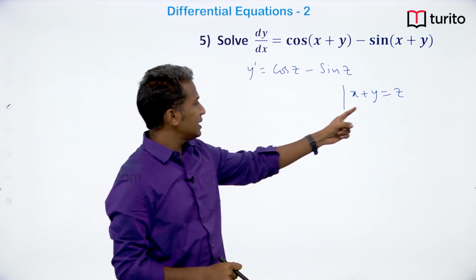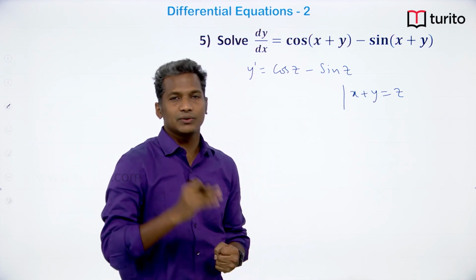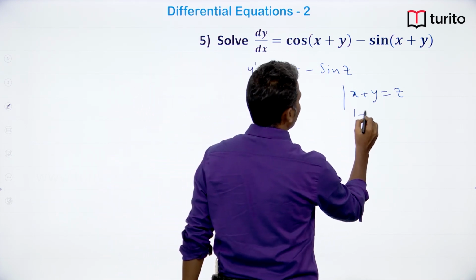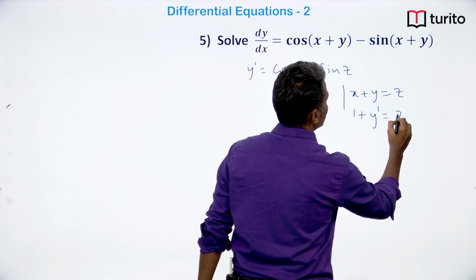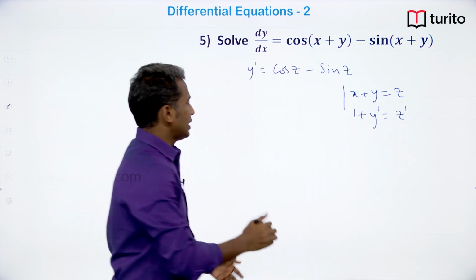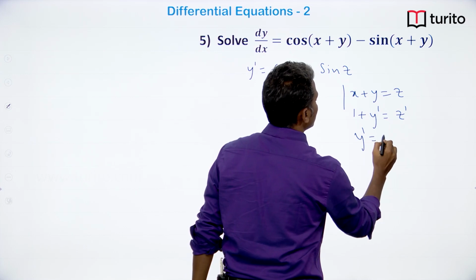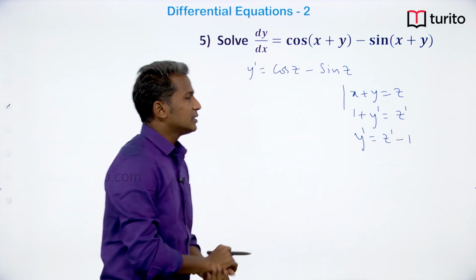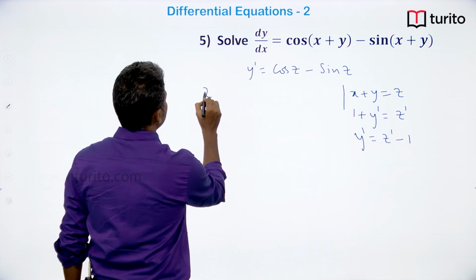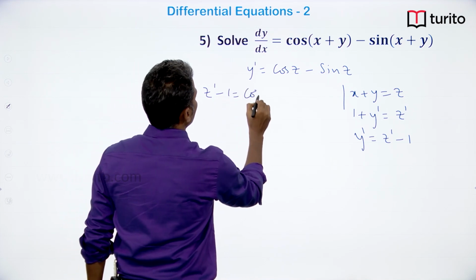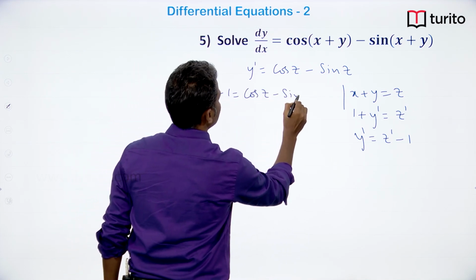Let us differentiate both sides with respect to x. We get 1 plus y dash equal to z dash. So, y dash is equal to z dash minus 1. So, here I can put z dash minus 1 equal to cos z minus sin z.